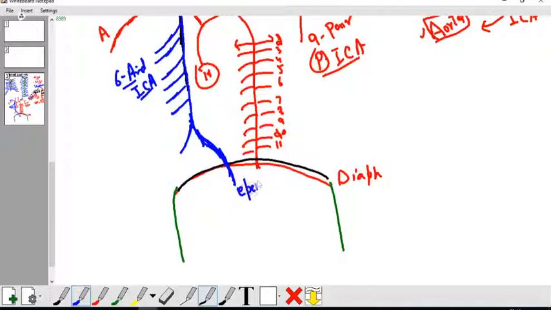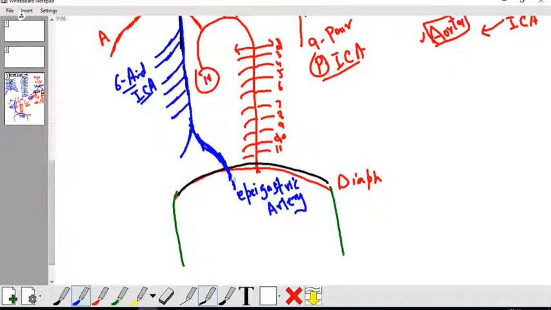It supplies the muscles of the anterior wall of the abdomen and moves down. The other artery moves this way and supplies the diaphragm. This artery is the musculophrenic artery. So it divides into two branches here: one epigastric, one musculophrenic.